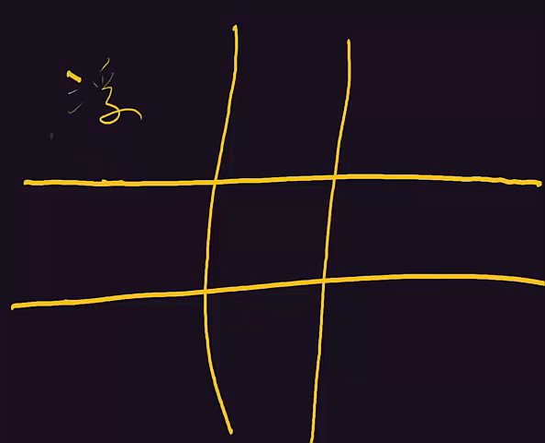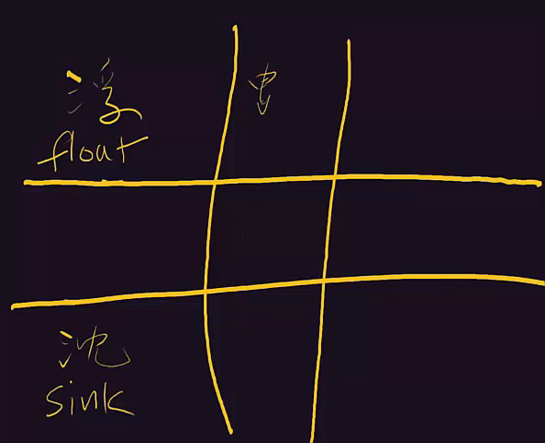which is floating pulse, and then opposite to it is Cham, which is sinking pulse, float and sink. And then you have the fast pulse, So, and the slow pulse, Qi.